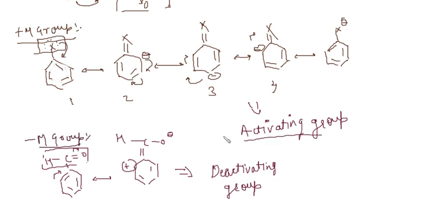These are called ring activating groups and these are called ring deactivating groups. Every minus M group takes electrons from the system, so it decreases the electron charge density on the benzene ring, and it is called a ring deactivating group. A plus M group is called a ring activating group.